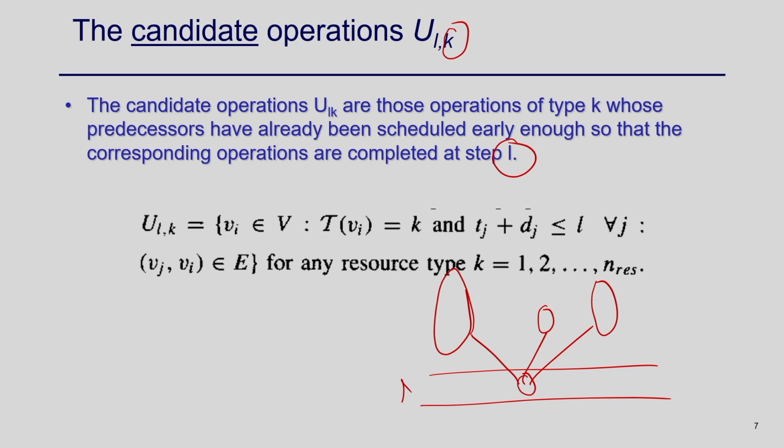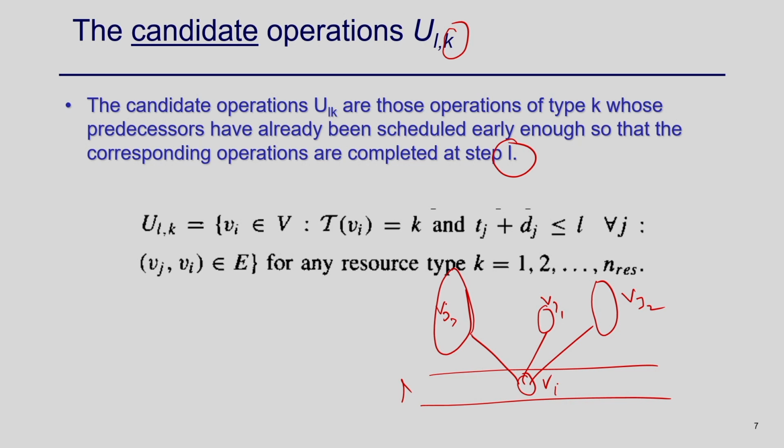So, suppose this node is Vi and its predecessors are Vj. This is Vj1, this is Vj2, and so on, for all predecessors. This particular node will be available when all of them are done.